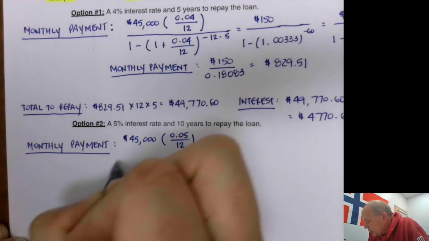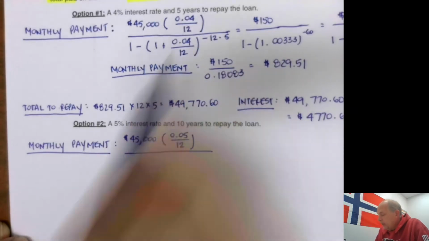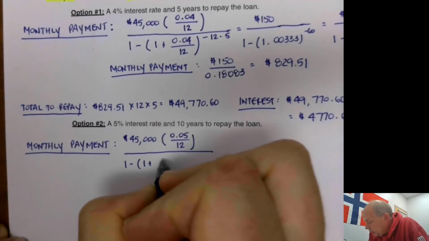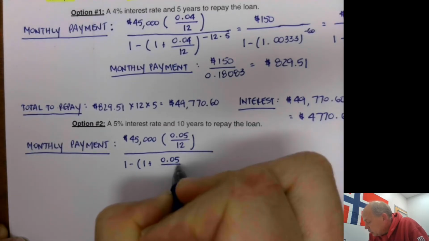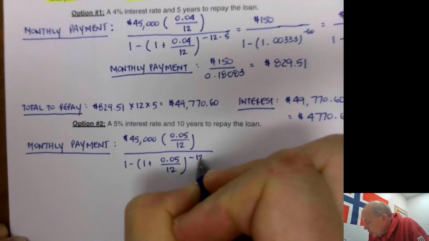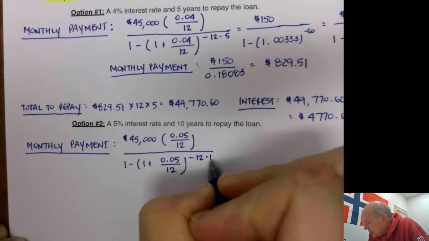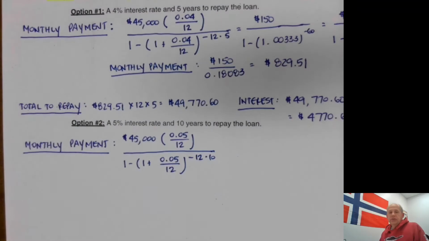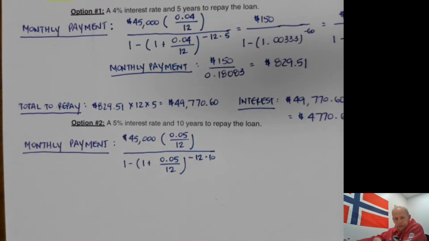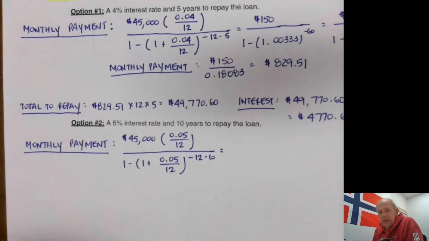I have 12 months to pay the loan, 12 payments per year to pay the loan back. There's my interest rate, 5%. Everything is the same, and then suddenly I have 10 years to pay the loan back. So here is my exact same equation with the numbers that have changed to reflect a different interest rate and a different number of years to pay the loan back.